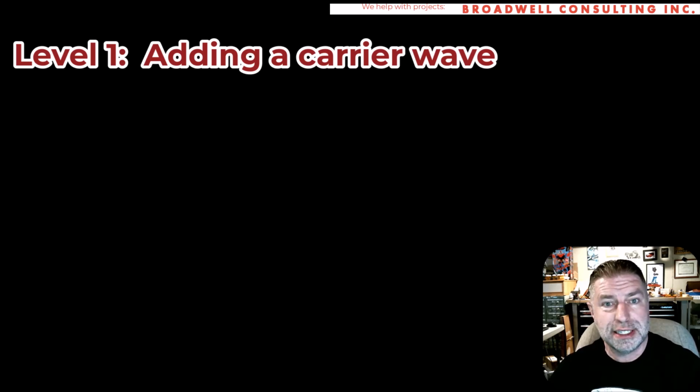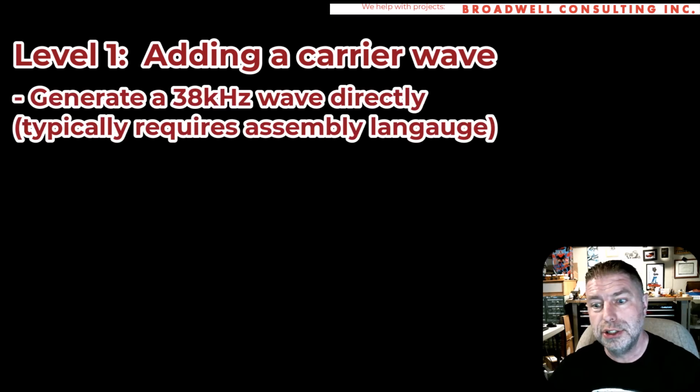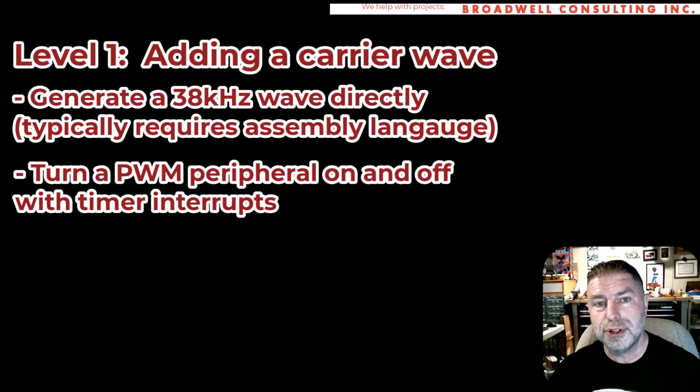And in the embedded systems world, there's a variety of different ways that you could do that. You can generate the 38 kilohertz directly through software using delays. Usually this requires assembly language. You can use one of the peripherals on your chip to generate a PWM at 38 kilohertz.